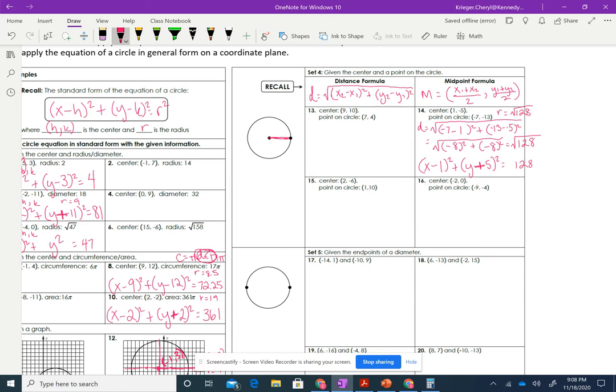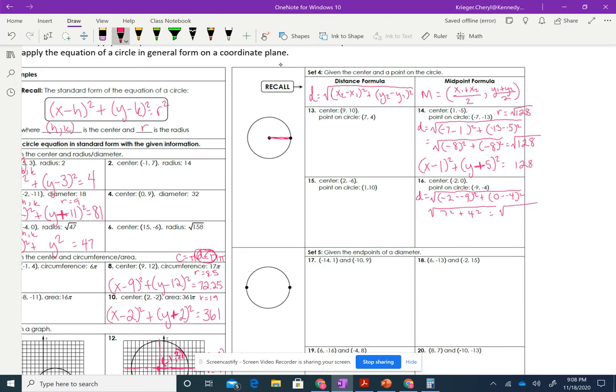Okay, so number 16, I have my center is -2, 0. The point on the circle is -9, -4. So I'll find the distance to find the radius. So -2 minus -9 squared and 0 minus -4 squared. So that is the square root of -2 plus 9 is 7 squared plus 4 squared.